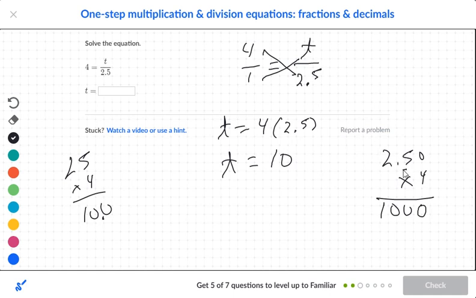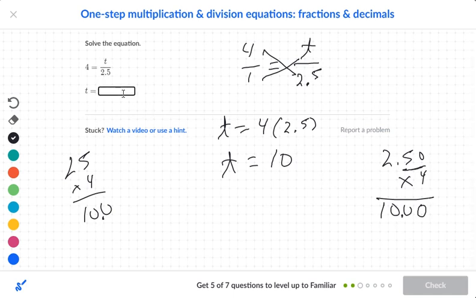In this case, I'd have to move it over 2 places because I got 2 numbers after the decimal. So that's going to become 10. So either way, it's 10. What I was trying to show is if you have $2.50 and $2.50, that's $5. If you add another $2.50, that's $7.50. And if you add $2.50 to $7.50, it's going to be $10. Either way, it's 10.